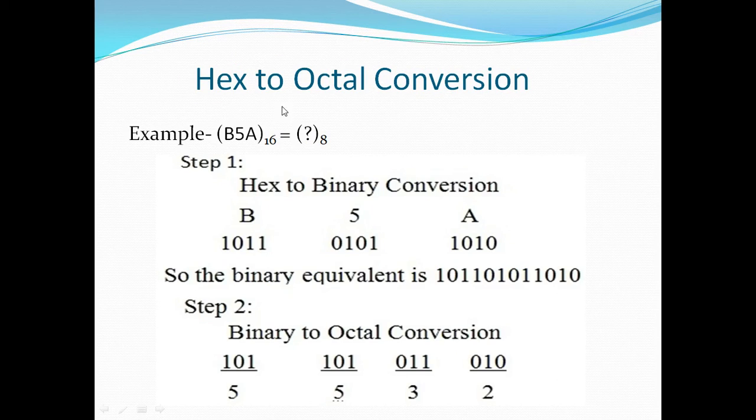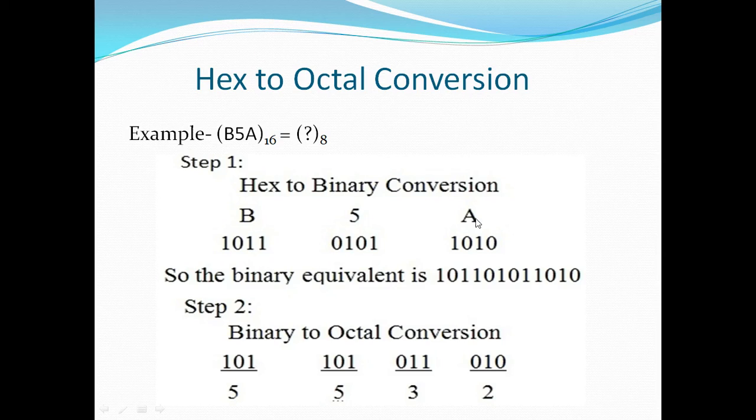Now see, hexadecimal to octal conversion. We don't have a direct conversion for this. What we do, first we convert the hexadecimal into binary and then we convert that binary number into an octal number. So it has two steps. Suppose we have this hexadecimal number. First we will convert it into its binary equivalent and then we convert that binary equivalent into its octal equivalent. The first step is to convert hexadecimal to binary.